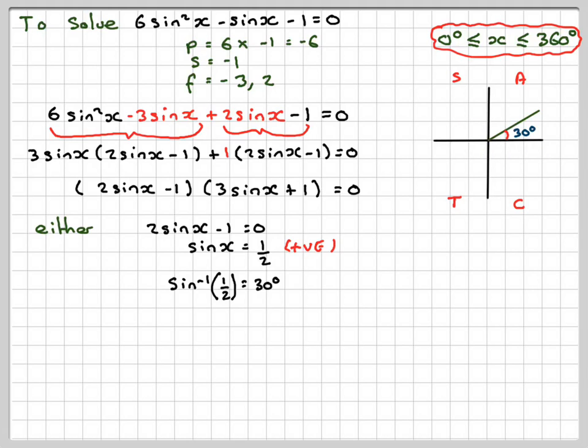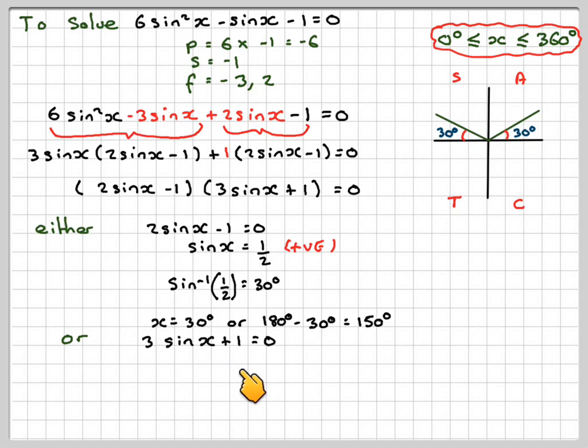So I draw my angles with the x-axis, which is 30, and here, which is 30, and get that x is equal to 30, or x is equal to 180 minus 30. Remember, angles go around this way, anti-clockwise. Okay, so that's 0. This will be 180 minus 30, so that gives me 150.